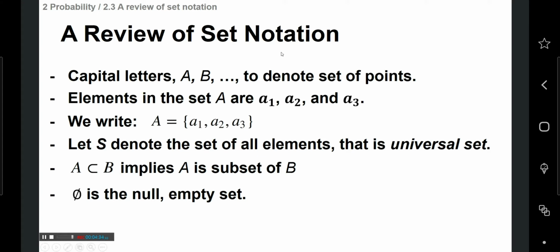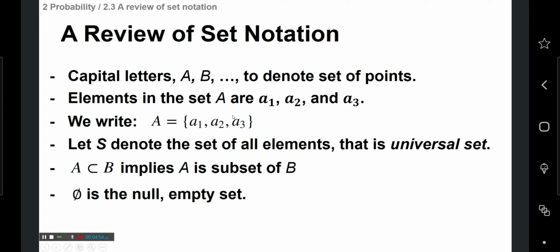And okay, let's get started. Capital letters A, B, and so on, we use capital letters to denote sets of points, and elements in the set A are small a1, small a2, and a3.